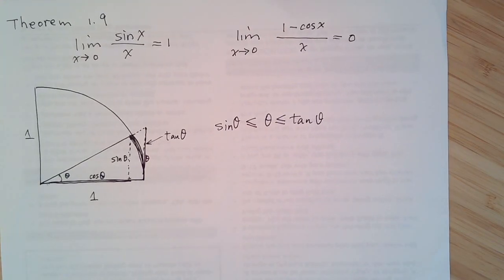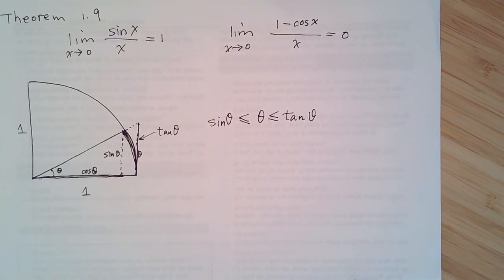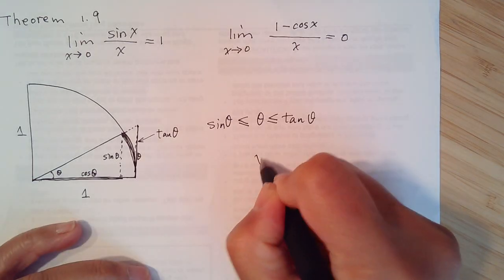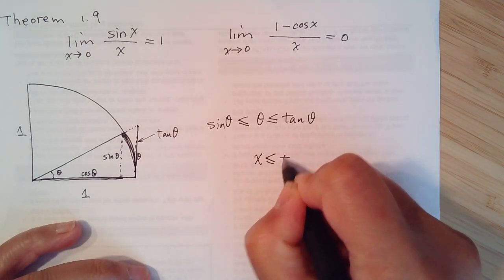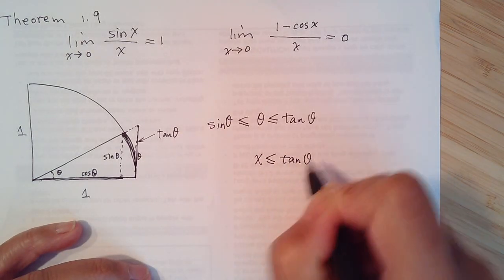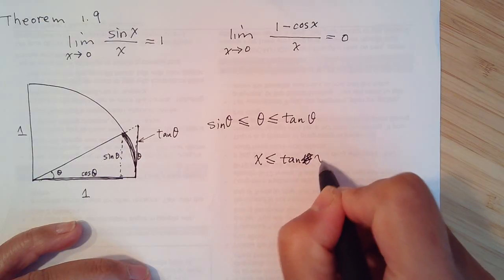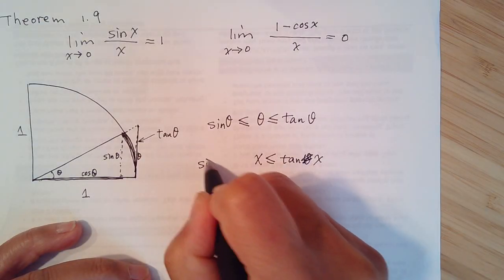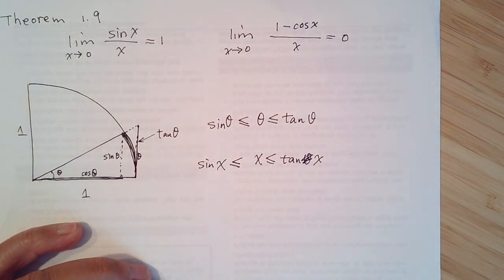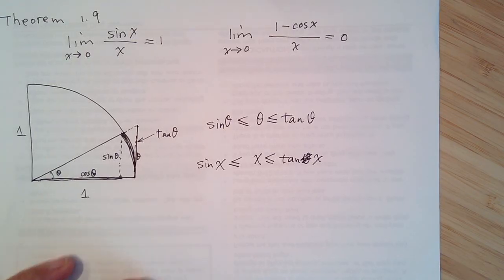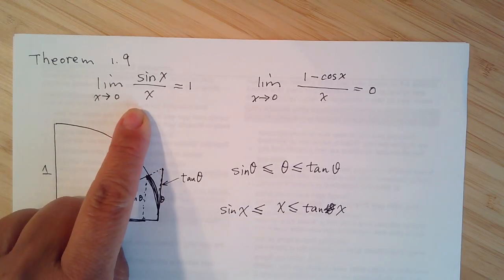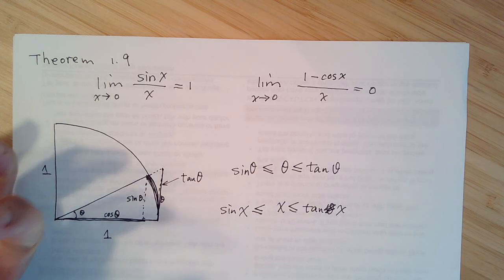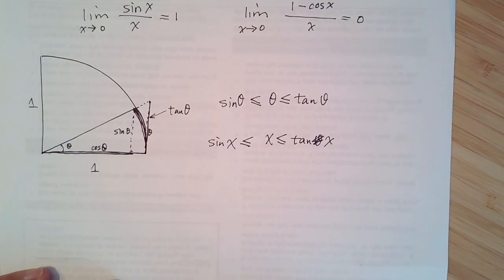All right. Now, if I change that to x, so that will be x less than or equal to tangent x. Sorry, I said x. Sine x less than or equal to that. Now, did you see what I'm going to do? I need to get sine x over x.